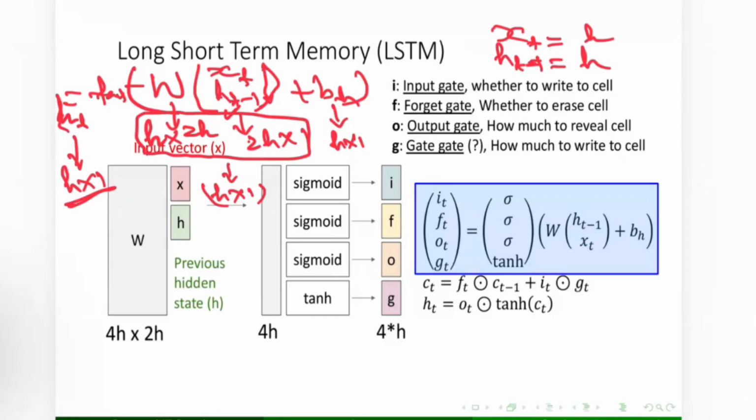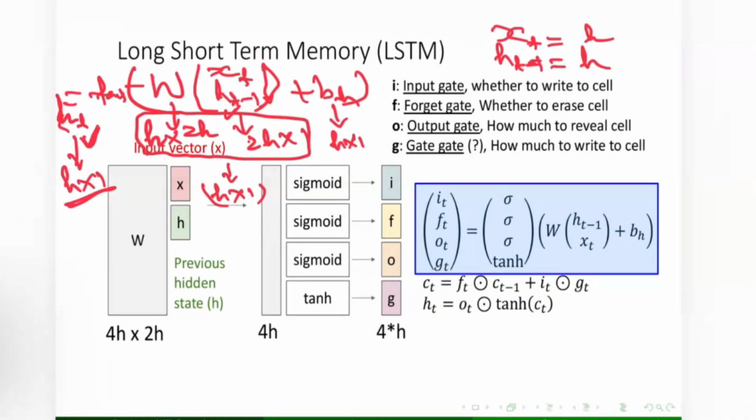Now let's see the LSTM part. In the LSTM part, I want four components. One component is not sufficient for me, and every component should have the same dimension as the state dimension in the RNN.